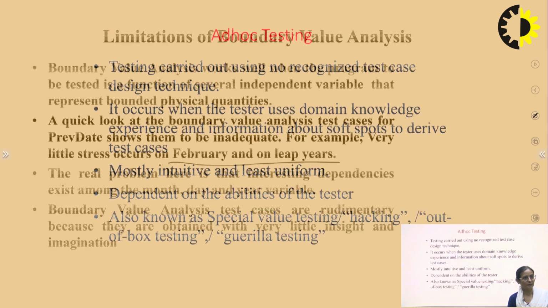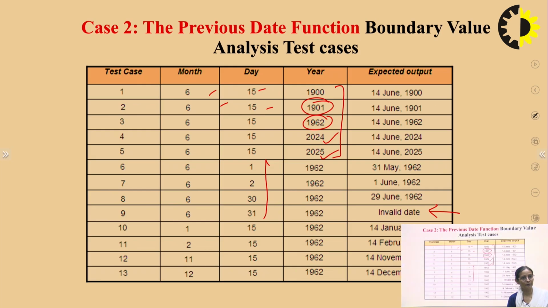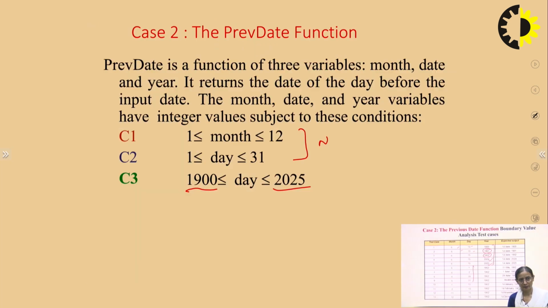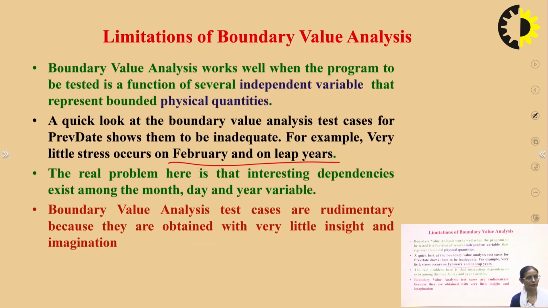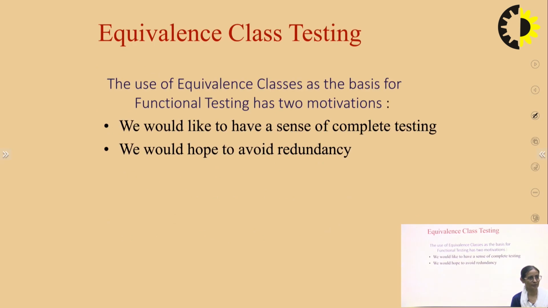As we have seen in this case, a lot of redundancy, that is, we are having isosceles multiple times, then not a triangle, not isosceles, scalene, equilateral. So we need to avoid such redundancies. Why go for a huge amount of test cases?